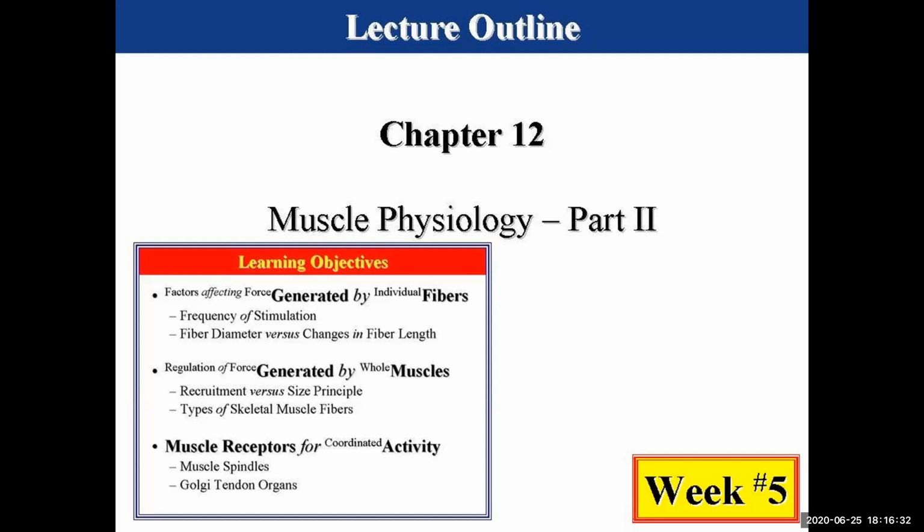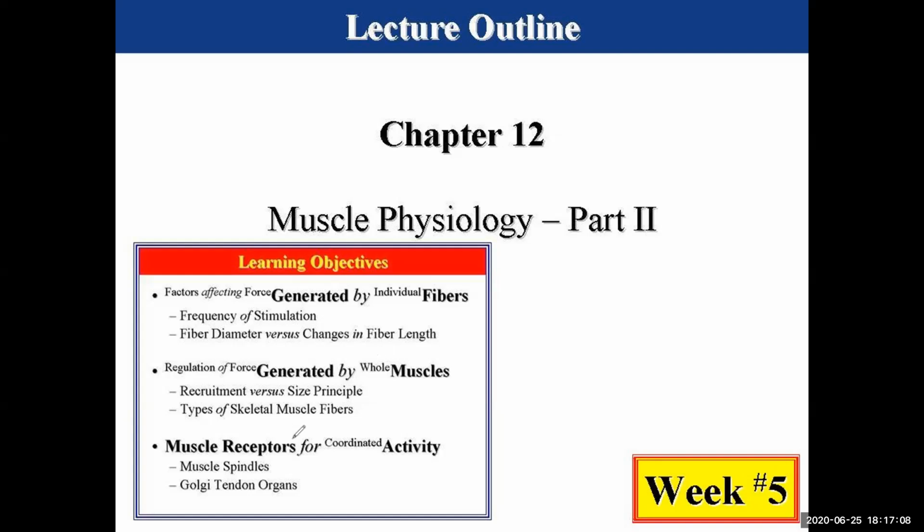So under the learning objective here, we're going to go over factors affecting tension generated by individual skeletal muscle fibers, and also factors influencing the contraction, the tension generated by an entire skeletal muscle as an organ.